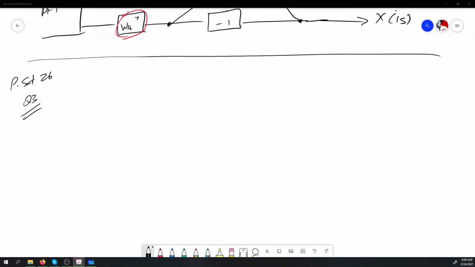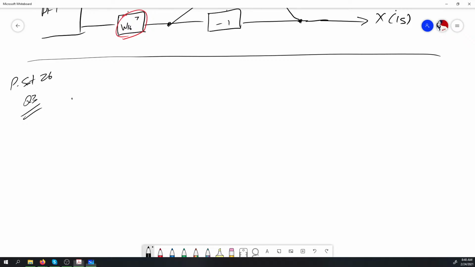I'm going to use the Hamming window, and the Hamming window has an equation that is w of n equal to 0.54 minus 0.46 cosine of 2 pi n divided by N minus 1.